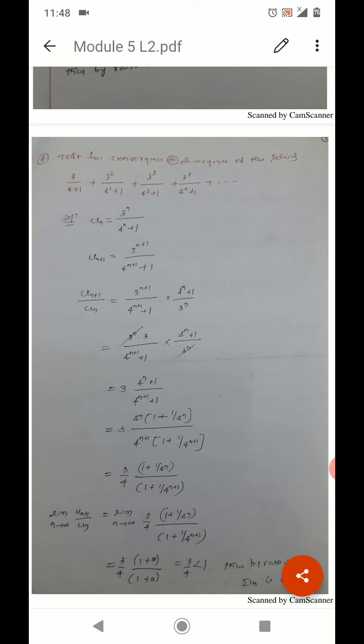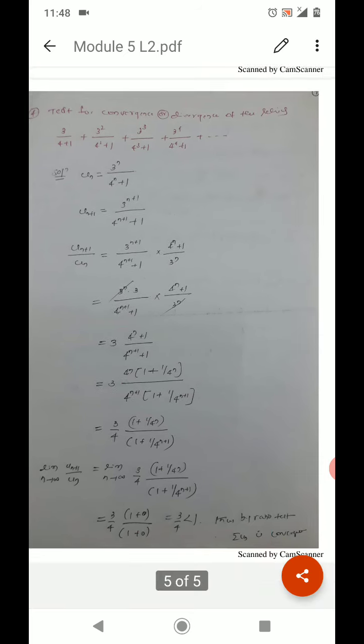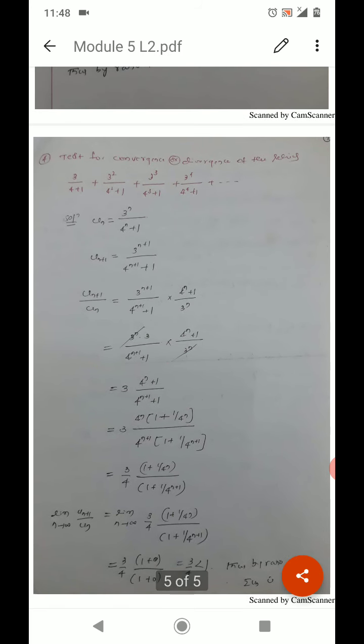Again, in the denominator 4 power n+1 can be written as 4 power n into 4. Therefore from denominator and numerator 4 power n gets cancelled. We have 3 by 4 into (1 + 1/4 power n) divided by (1 + 1/4 power n+1). So now take the limit as n tends to infinity.